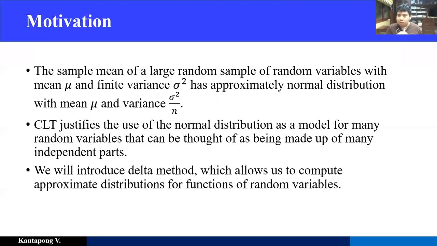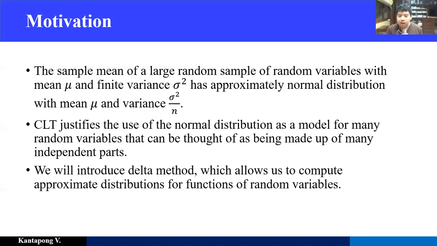Even though, because we are in a probability theory course, this one will be the last, its importance is not inferior to many of the important theorems that we have talked about before. The sample mean of a large random sample with mean mu and finite variance sigma square has approximately a normal distribution with mean mu and variance sigma square over n.